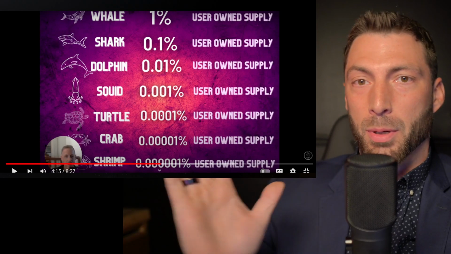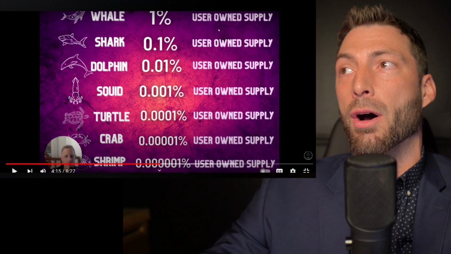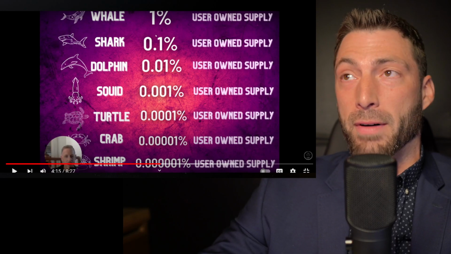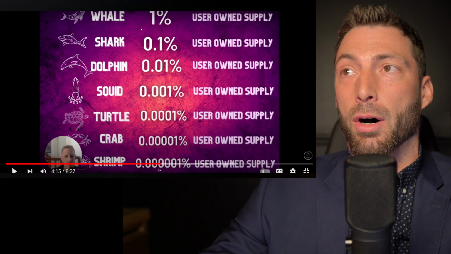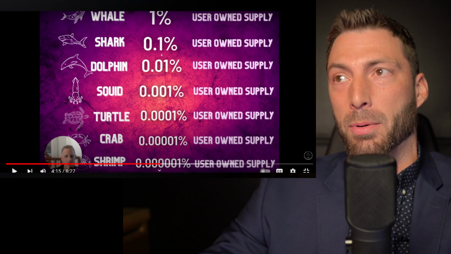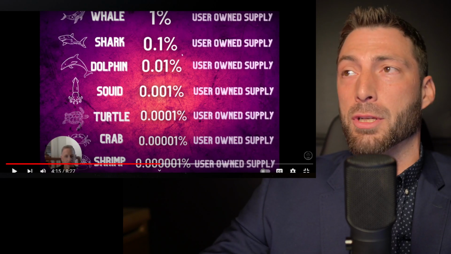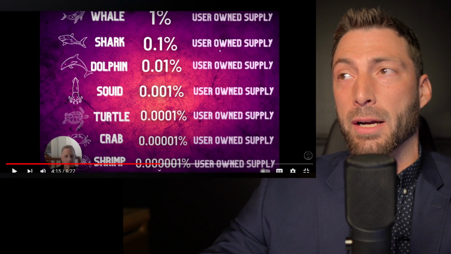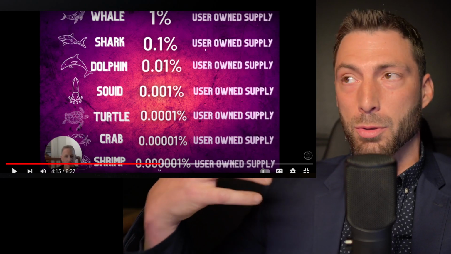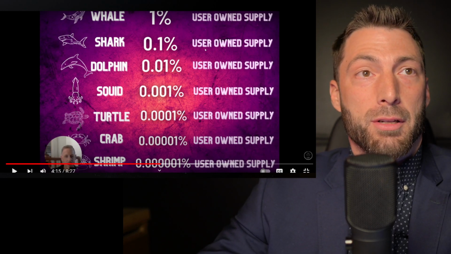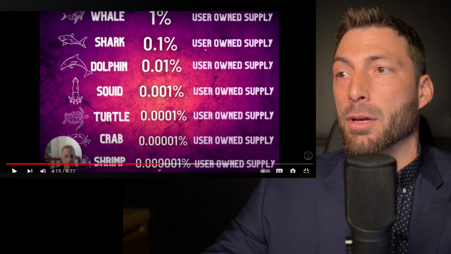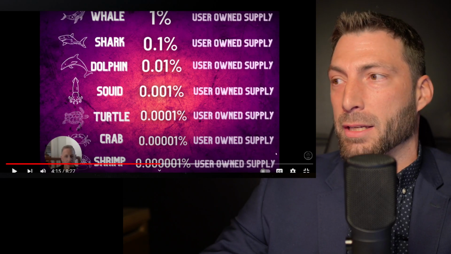So these numbers are to define what a whale is. A whale, by a lot of definitions, owns 1% of supply, shark 0.1. But just to be very clear, he is clarifying that these are of user-owned supply. And I think that makes sense to me. I think the way that he approached this was good as far as I can tell.